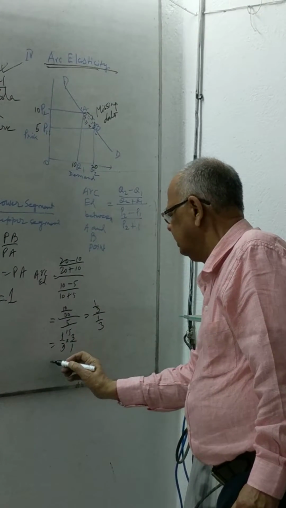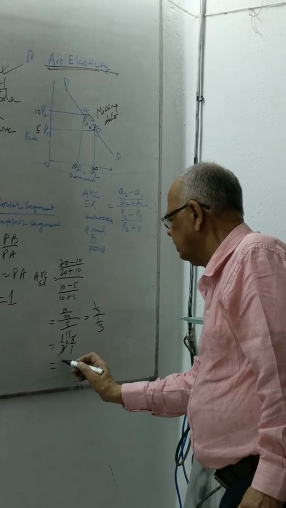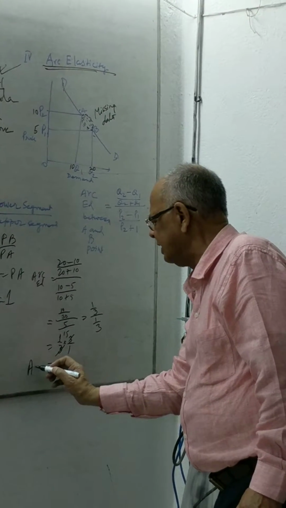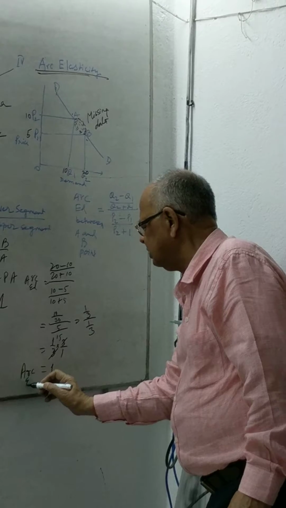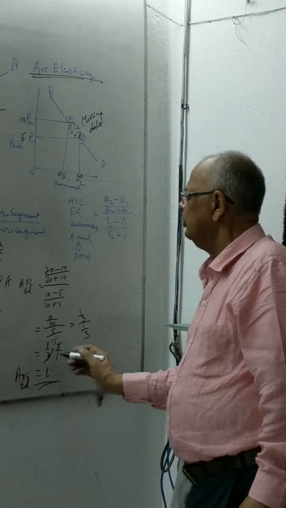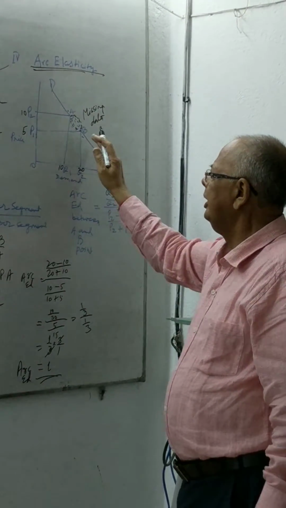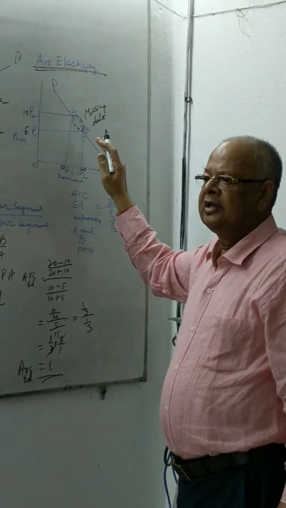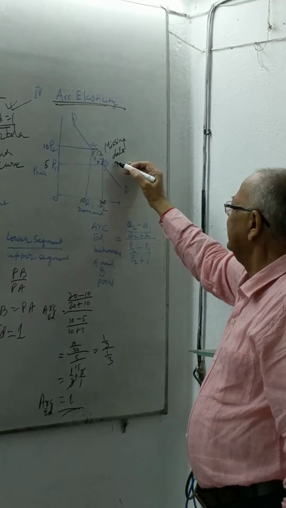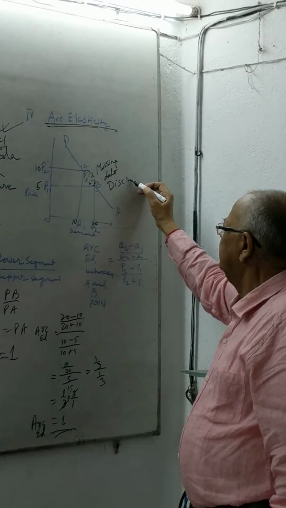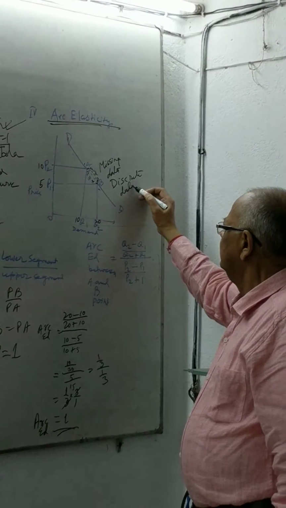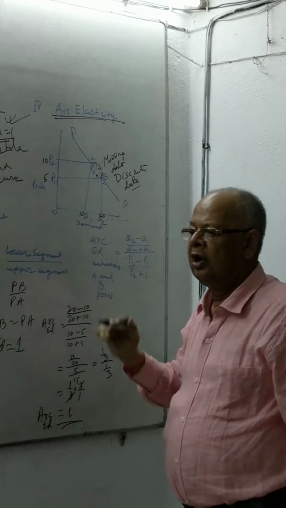Inverted like this, then we cut and we have 1. Here arc elasticity of demand is equal to 1. So whatever data you have in this case will be discrete data. So this is all about the measurement of elasticity of demand.